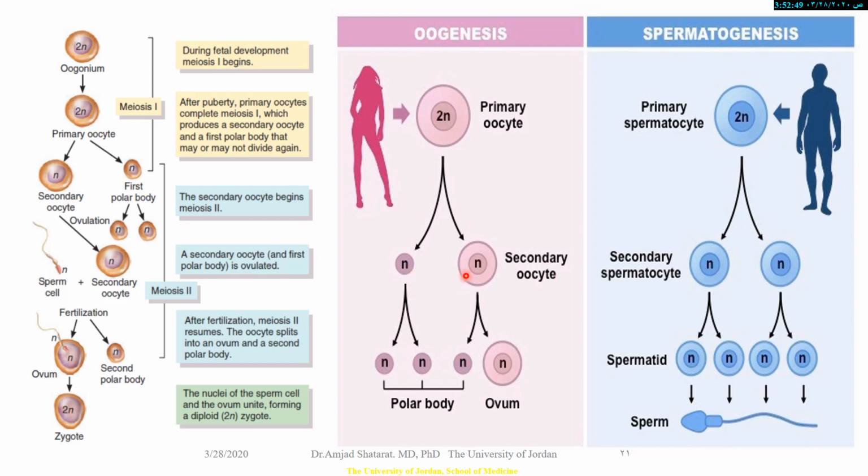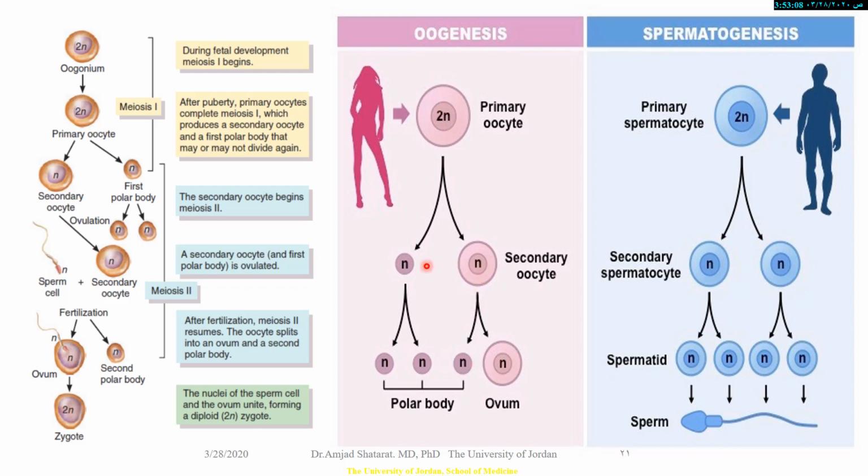Here, the secondary oocyte is big. Why? Because it has stolen the cytoplasm of the first polar body. And exactly the same would happen here. The fertilized egg would steal the cytoplasm of the secondary polar body.